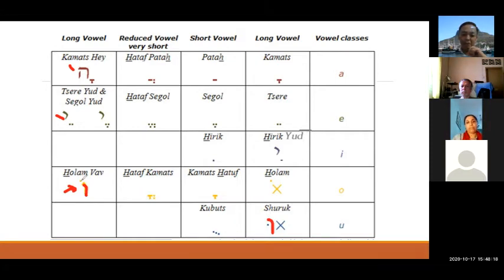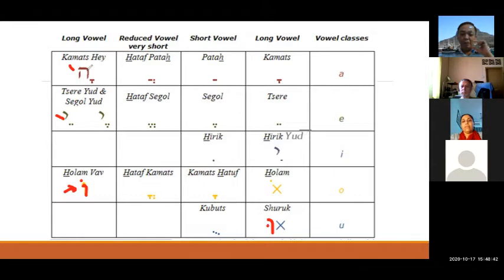The Masoretic scholars added a dot here. They will say this waf is an O, and this one is U. So the waf here, the yod here, and the hey here are what you call the three full letter vowels.